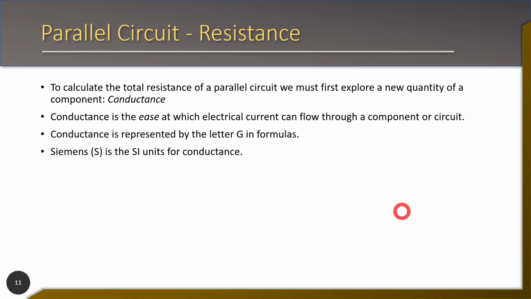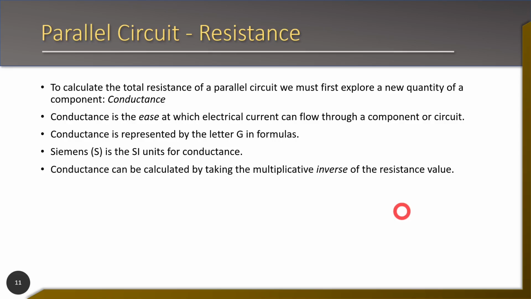Siemens was the gentleman who actually invented the electric generator, and so there's actually a whole company named after him that's still very popular today. But the System International unit, remember that's the metric system, for conductance is measured in his honor. So conductance can be calculated by taking the multiplicative inverse of the resistance value. Taking the multiplicative inverse is a fancy way of saying taking the reciprocal. So G just equals 1 over R.